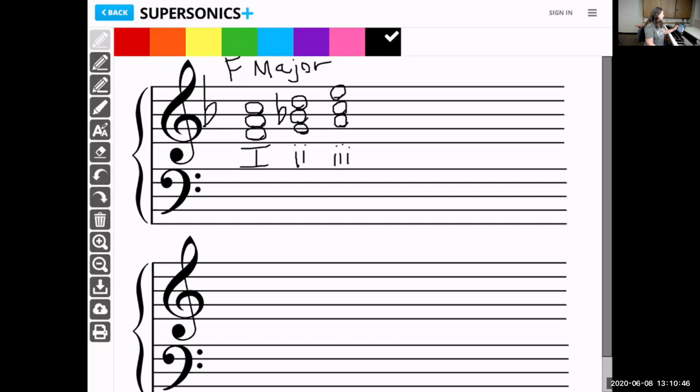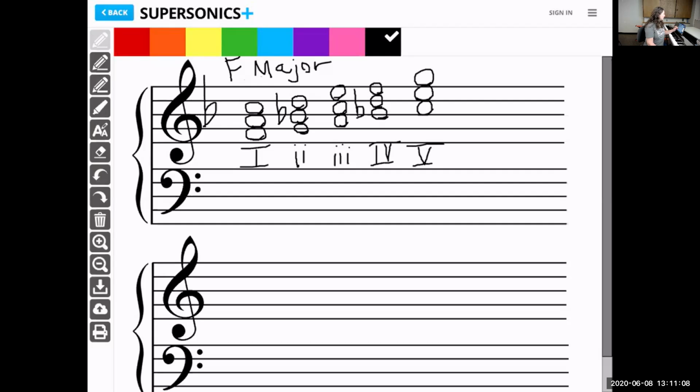Then for your next chord, I continue up the scale, just building on the root notes. We're just going up the scale. The next chord is a B flat major chord. It is the 4 chord. The next note in the scale is C, no sharps or flats.